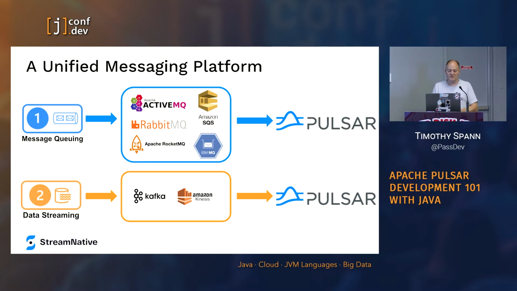And with support for these other protocols, it's very easy for you to replace SQS with your own Pulsar cluster in case you were moving off of Amazon. If you use the Pulsar protocol, then you don't have to worry about where you're running it in case you have to move between clouds or run them all at the same time.